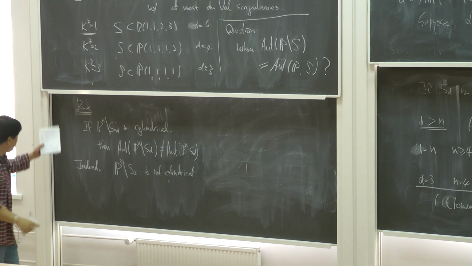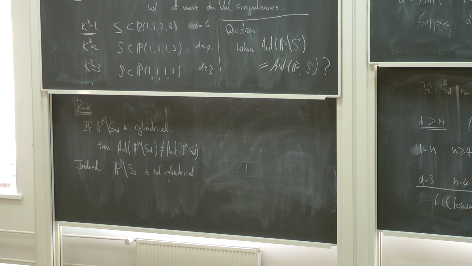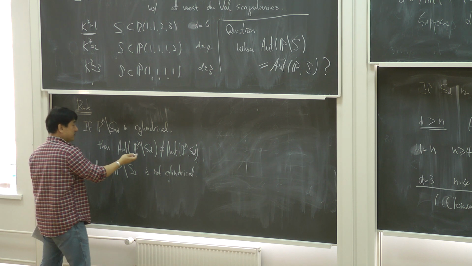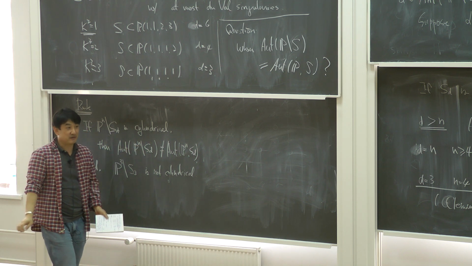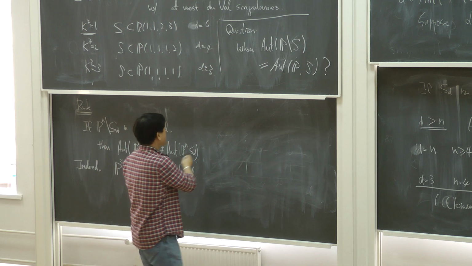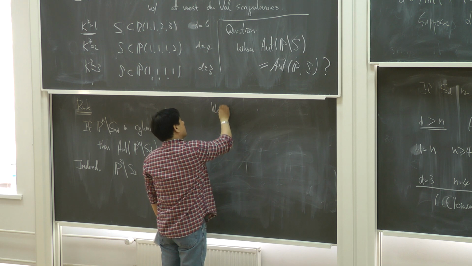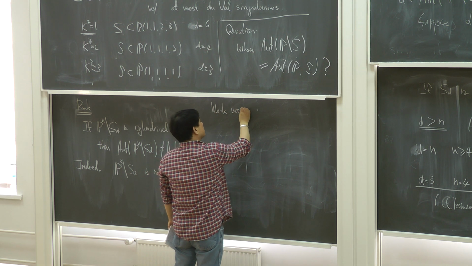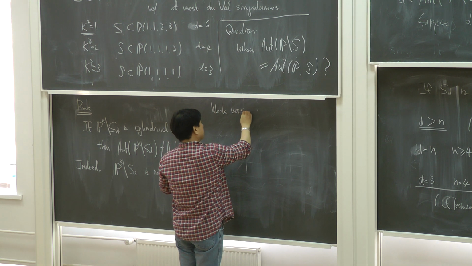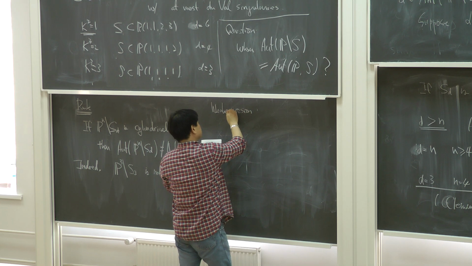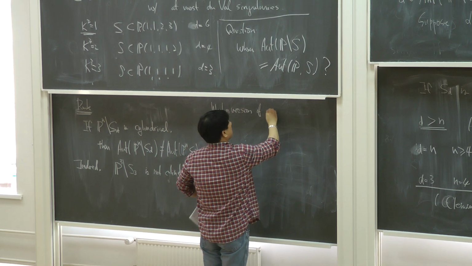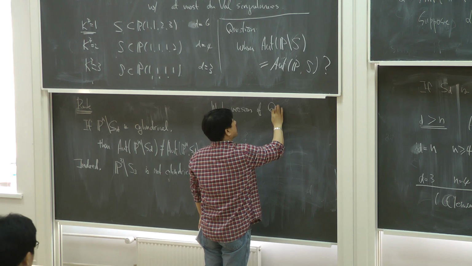We had this remark about the cylindrical case. If this complement is cylindrical, then these two groups are different, right? So let me propose a weaker version of the question above.